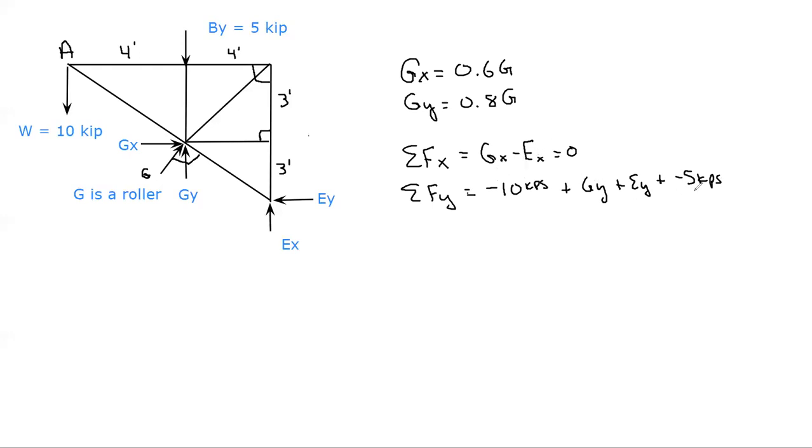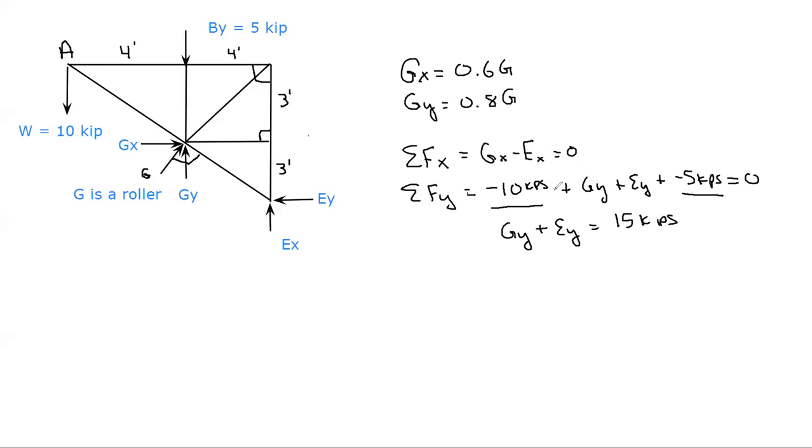Negative 10 kips plus negative 5 kips is negative 15 kips. I'm going to add that to both sides of the equation just to make it look a little less goobly gobbly. So Gy plus Ey is equal to 15 kips.